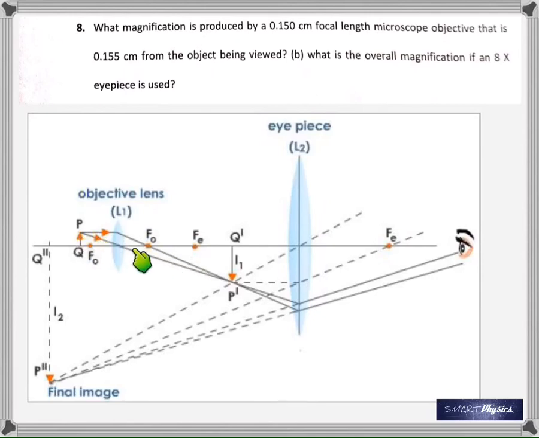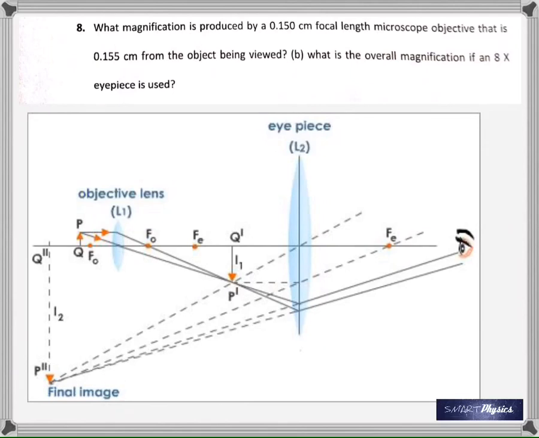A ray through the optic center just passes through. And finally you have the image at P prime, Q prime, right? That is the image. And since that image is inside the focal point of the eyepiece, the eyepiece is now going to produce a virtual image of that, and that is your final image. So that's how a microscope produces an image.